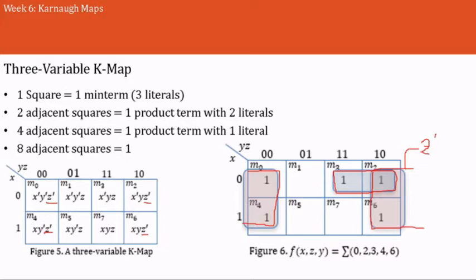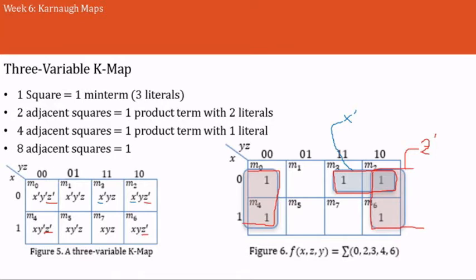Okay, so now let's look at M3 and M2. What is the value of x for M3 and what is the value of x for M2? So the value of x for M3 is x prime and the value of x for M2 is also x prime.